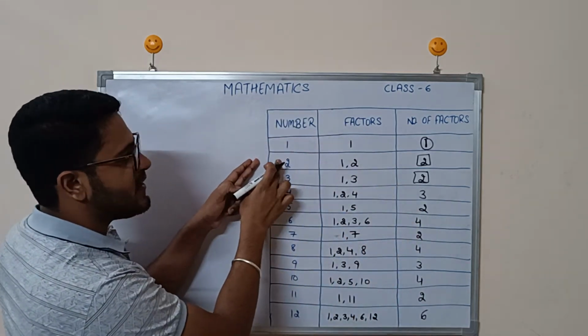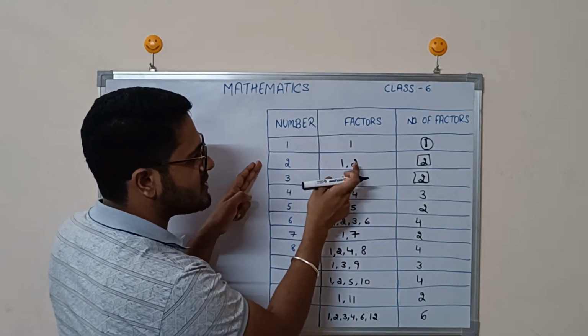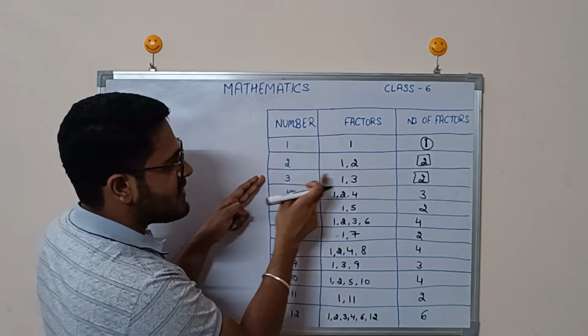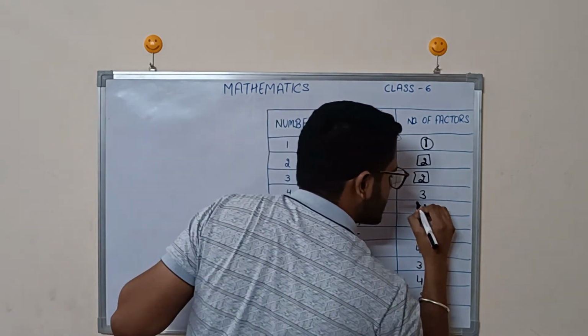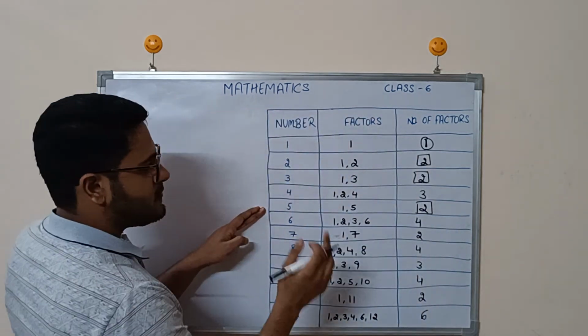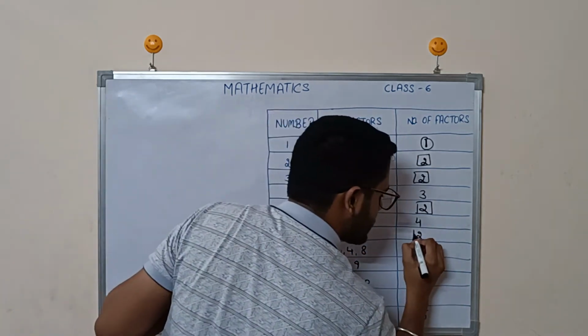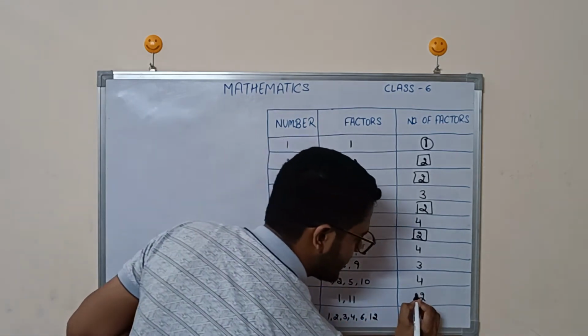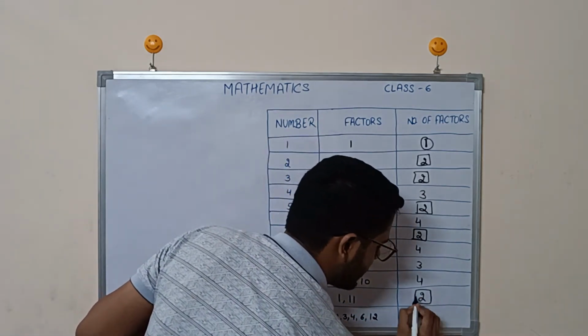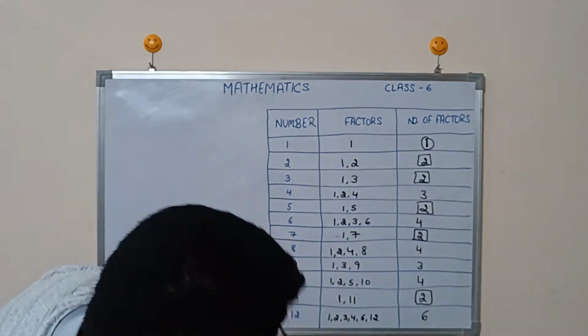For example, 2 is having 2 factors, the number 1 and the number itself. 3 is having only 2 factors. Now 5 is having only 2 factors. 7 is also having only 2 factors. After that, the number 11 is also having only 2 factors.